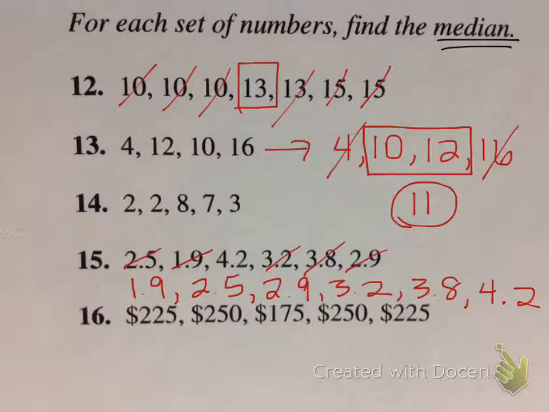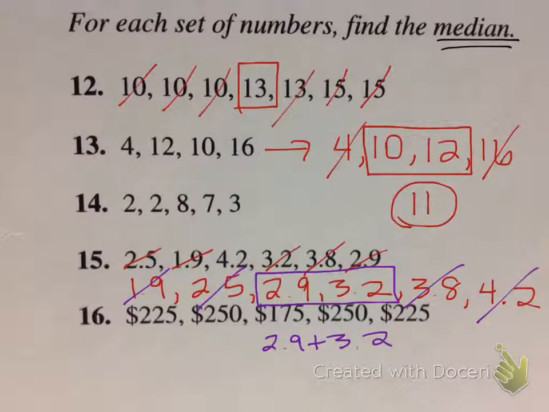Now we can find the numbers in the middle. I'm going to cross off one at a time. It looks like I have two middle numbers. So I'm going to add together 2.9 plus 3.2 and divide by 2.